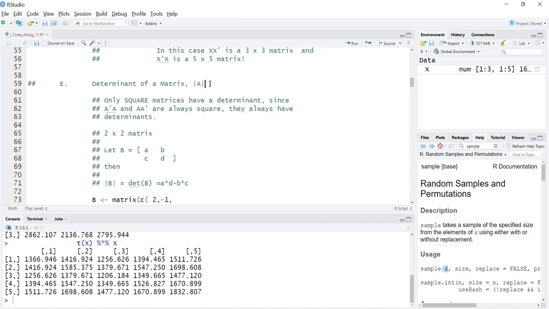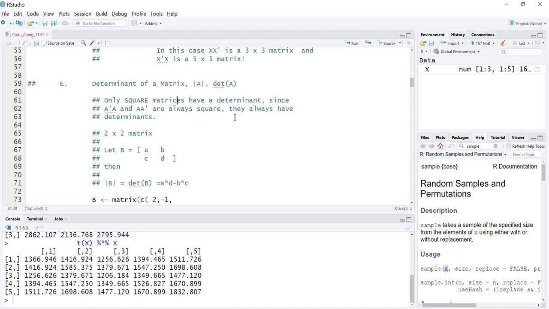What looks like an absolute value sign around a capital letter, where the capital letter stands for a matrix, is the determinant of a matrix. It's also written det A. You'll see that notation in some textbooks, and that happens to be the actual function we use in R, which is nice.